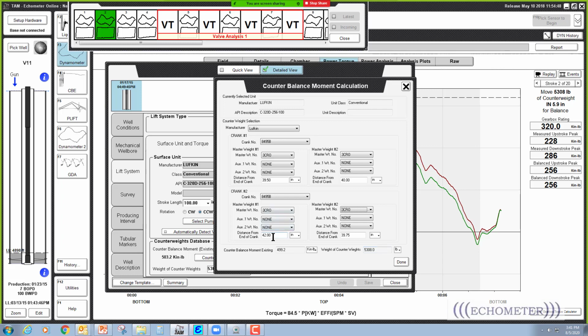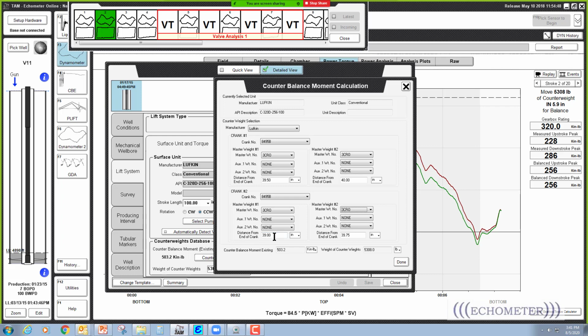So if I go back and change it back to 39, we'll see that 499 should be reduced to 39. Let's say 39. We'll tab out of the field, and actually it says it went up. So that should change the counterbalance moment.